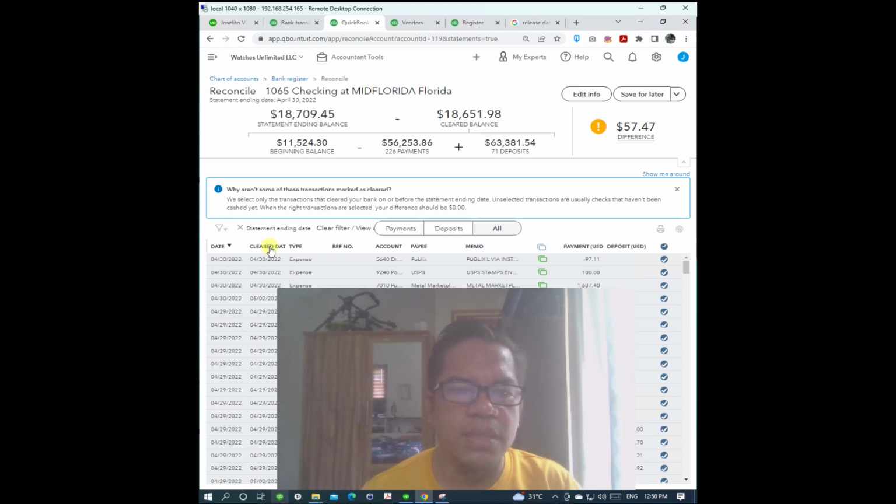The off balance is usually due to transactions posted in QuickBooks during the month to be reconciled but cleared in the bank in the succeeding month. These transactions will be immediately identified if we sort the cleared date column from the most recent to the oldest cleared transaction.